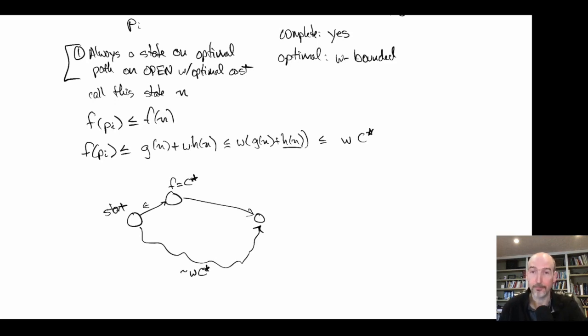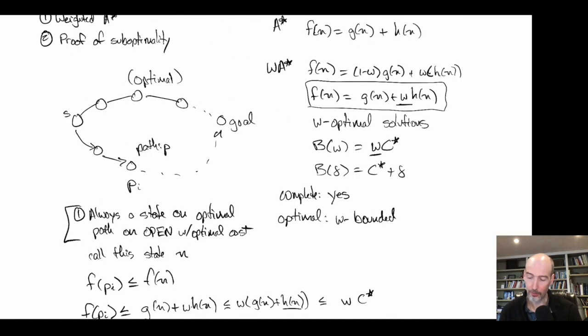So we're not actually going to find w suboptimal solutions. We'll find much better solutions, and other algorithms can take advantage of that property. The other thing we might notice is that weighted A star is using exactly one priority function, which is g of n plus w times h of n.